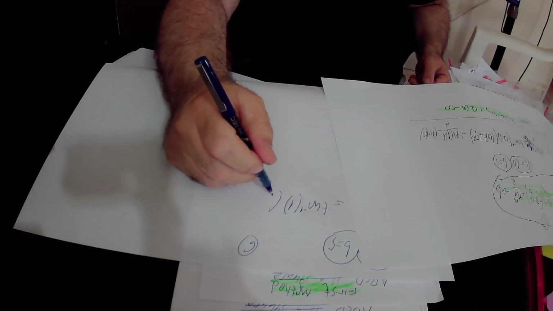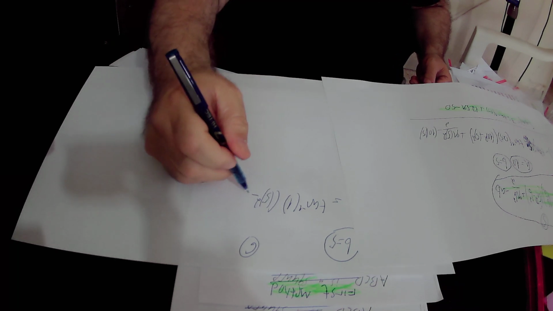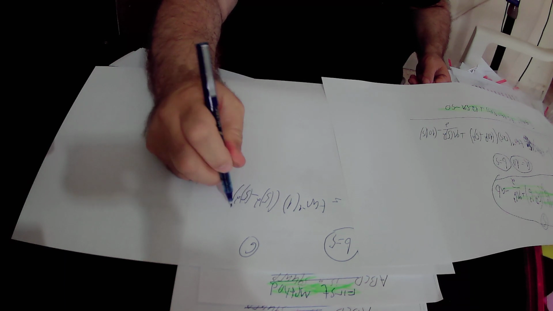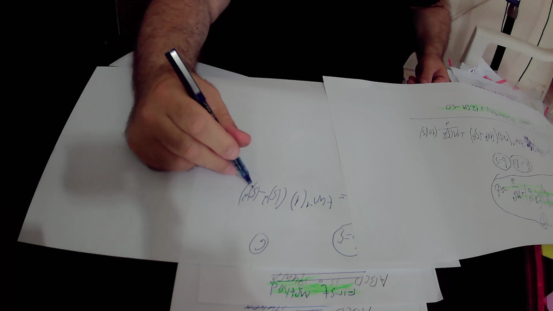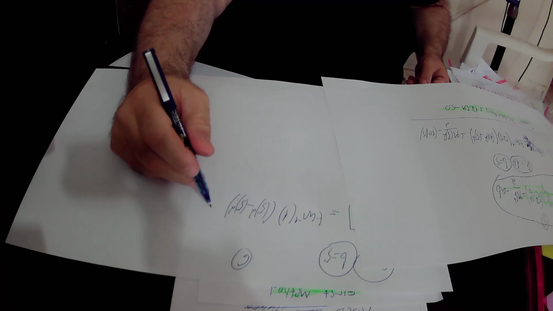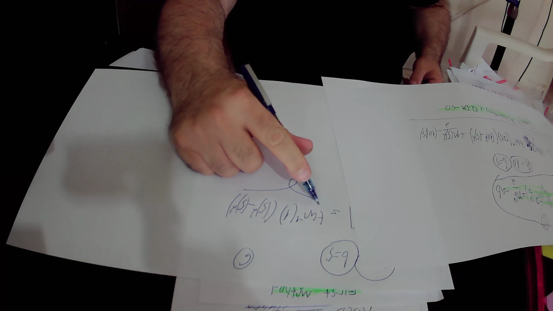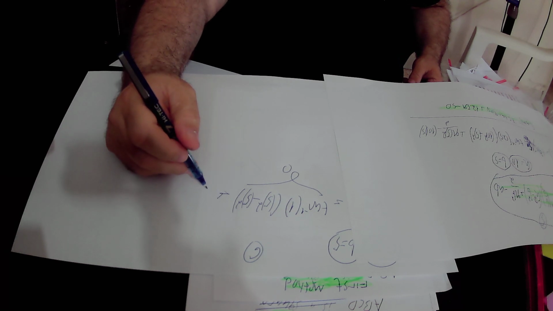A is 5, so A squared is 5 squared, minus B squared, which is 5 squared. Five squared minus 5 squared is 0, so this expression will be equal to 0, of course, plus pi B squared.